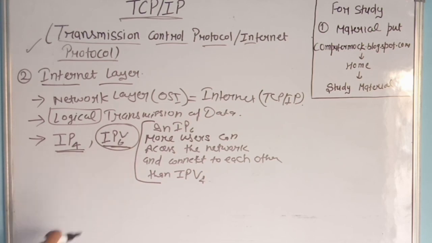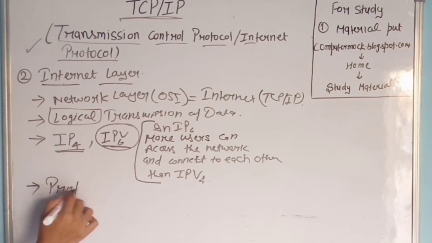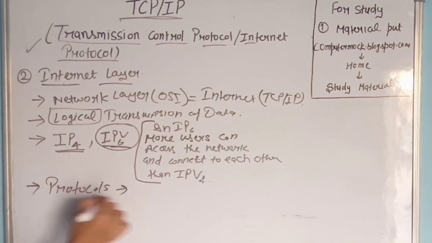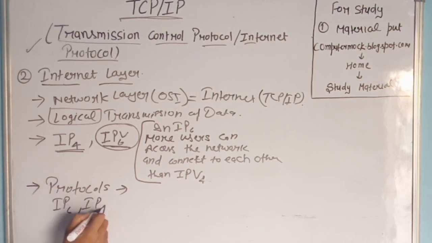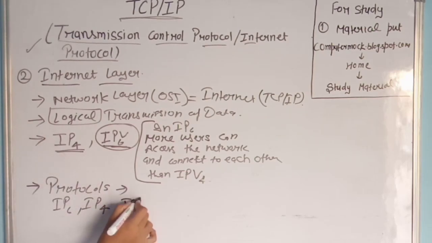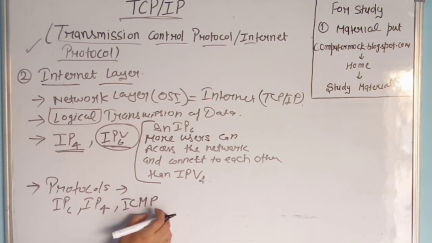IPv6 is more reliable. The protocols used in the network layer are IPv6 and IPv4, which we have already discussed, and the other protocol used is ICMP, the Internet Control Message Protocol.